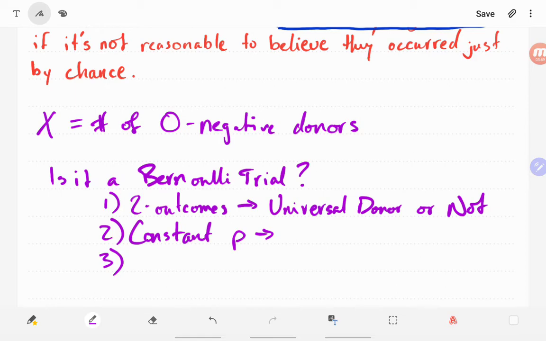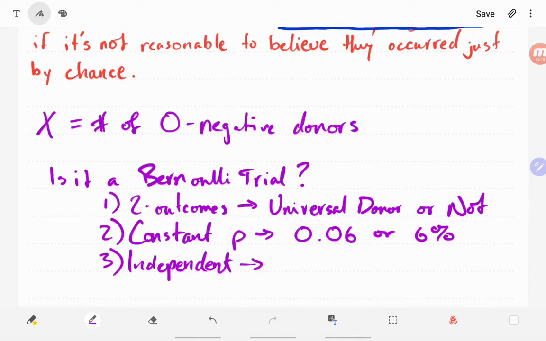Remember, p represents the constant probability of success, and in this case, yes, it's 6%, or 0.06. And are they independent? Does one person's blood type have an effect on another person's? No, it doesn't. So yes, they're independent. Okay, so we know it's a Bernoulli trial.